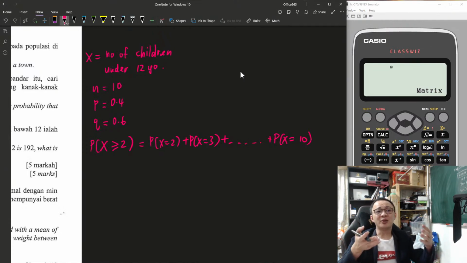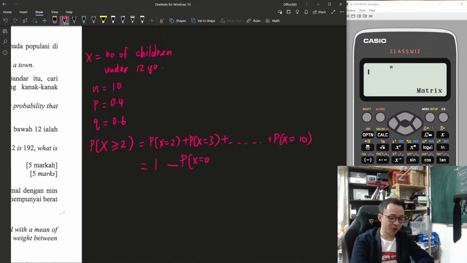Because for binomial, x always starts from 0, so we have 0, 1, 2, 3, 4, 5, 6, 7, 8, 9, 10. But right now it starts from 2 to 10. So the things I do not want, I will use 1 minus. I do not want x equals 0, which is before 2, and I do not want x equals 1. This is how I minus it to get from 2 all the way to 10.